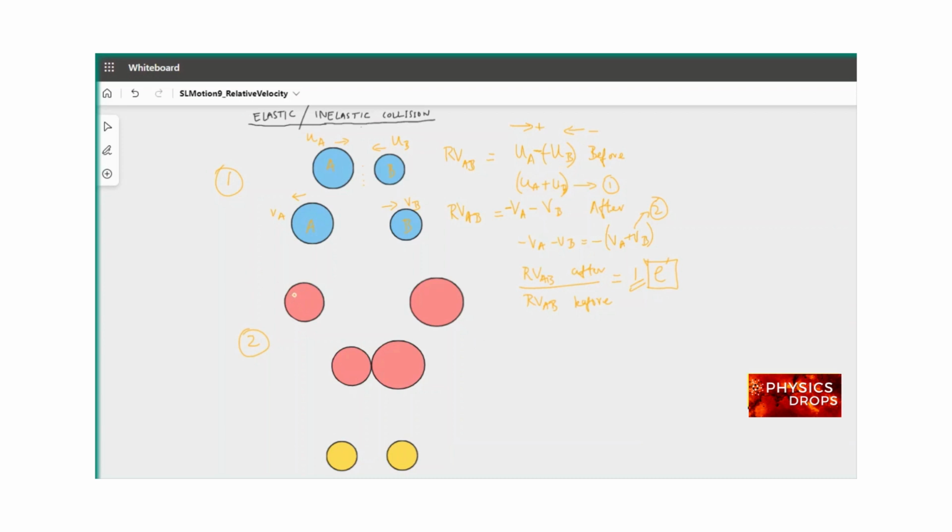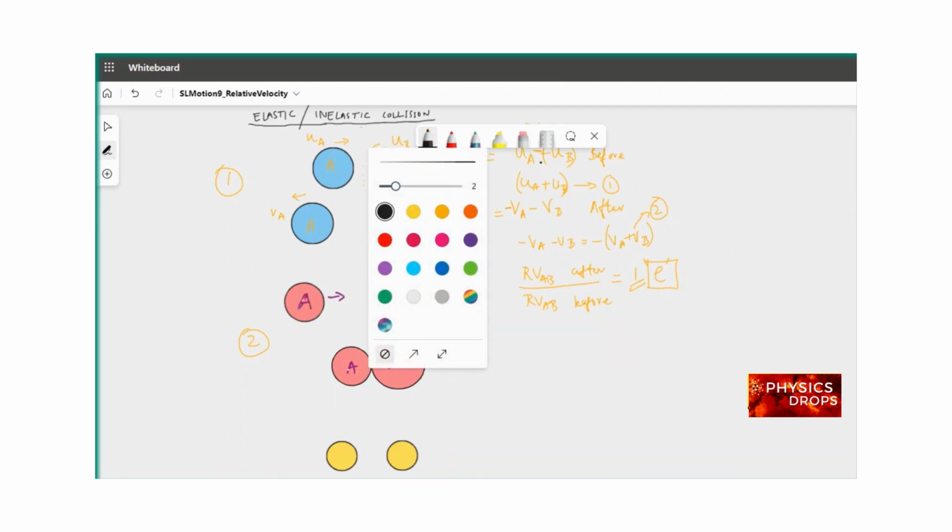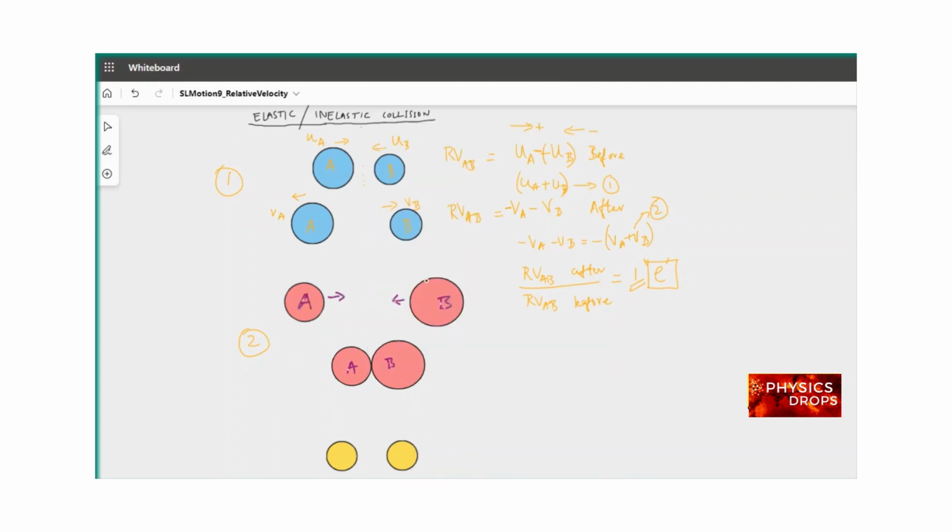Let's say there's an object A moving towards object B, and then after the collision they stick to each other. Let's assume they are made of something like glue or some sticky material, like dough.